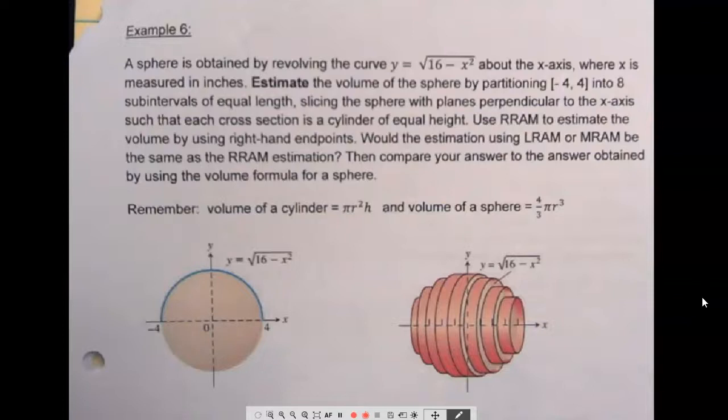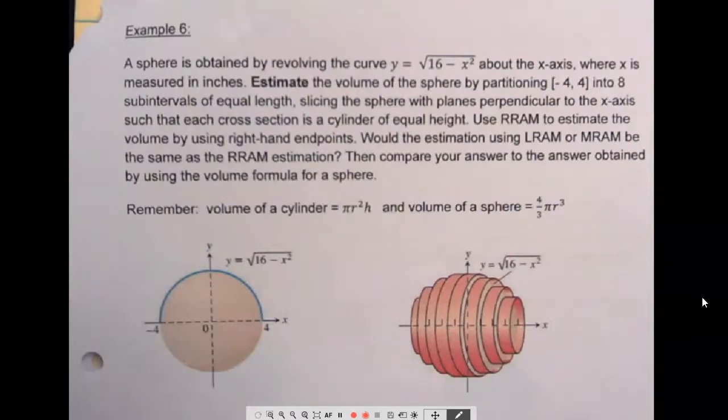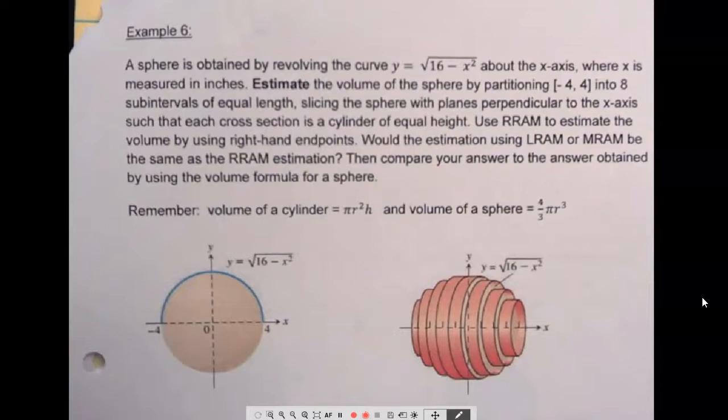Okay, a sphere is obtained by revolving the curve square root of 16 minus x squared about the x-axis, where x is measured in inches. Estimate the volume of the sphere by partitioning from -4 to 4 into 8 subintervals of equal length, slicing the sphere with planes perpendicular to the x-axis, such that each cross-section is a cylinder of equal height.